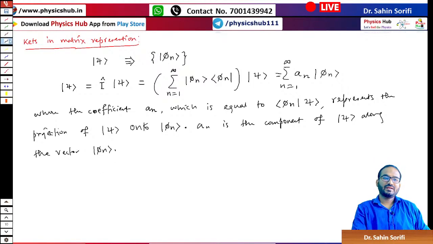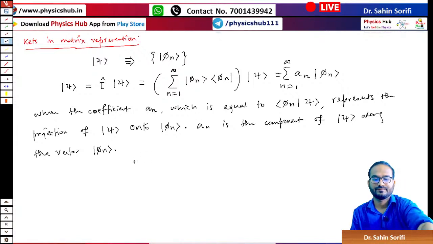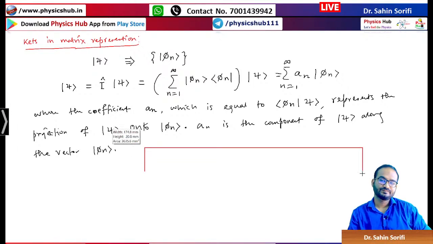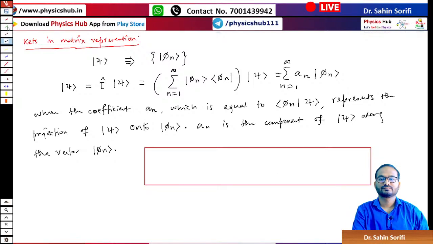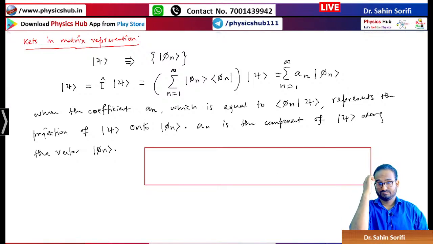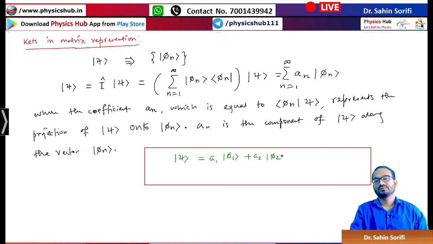Look, you can understand it in this way. Ket psi is equal to a1 phi 1 plus a2 phi 2 plus a3 phi 3, and so on, up to a n phi n.